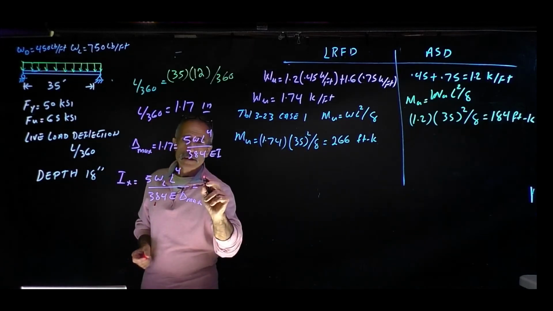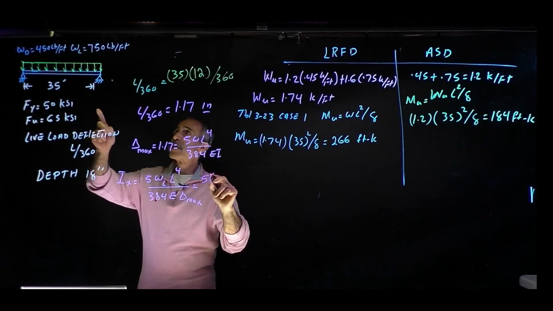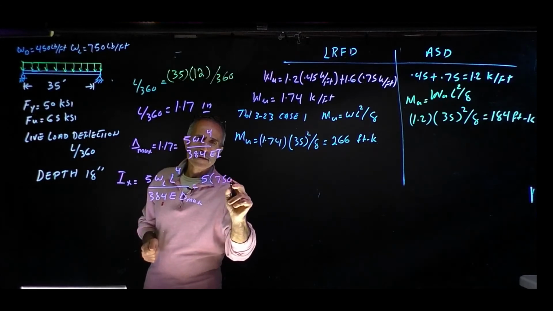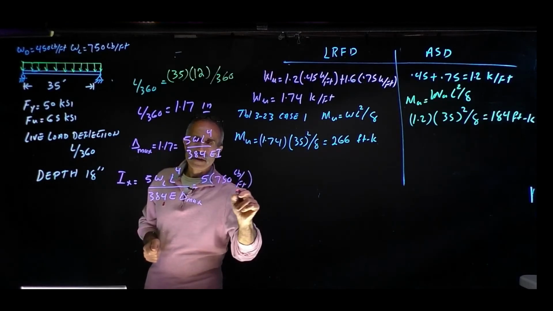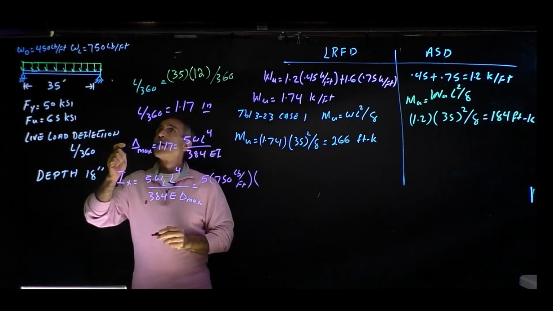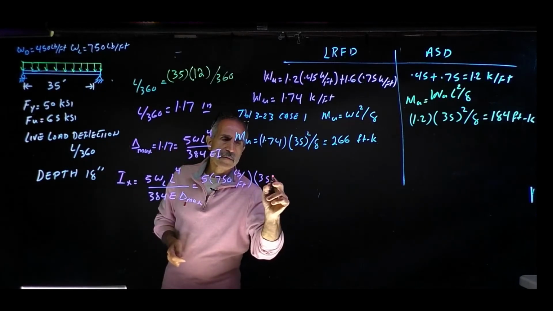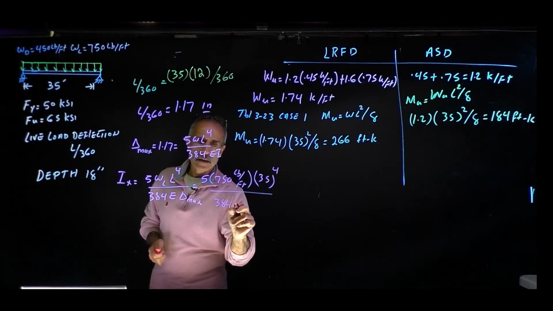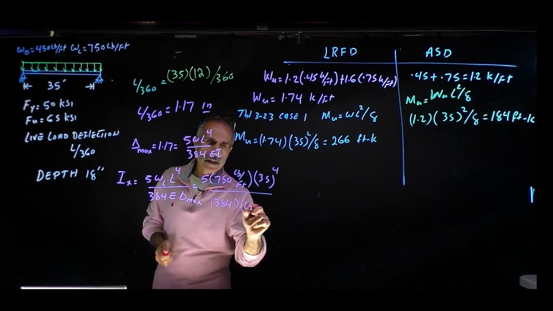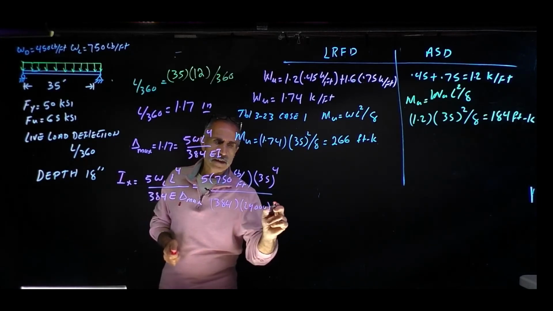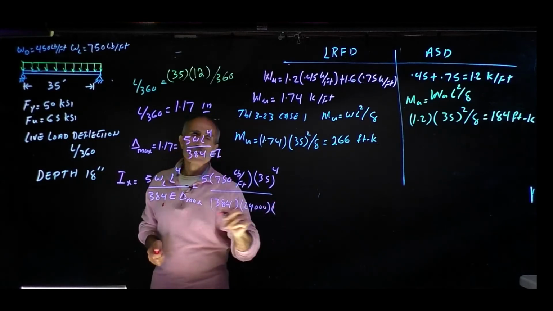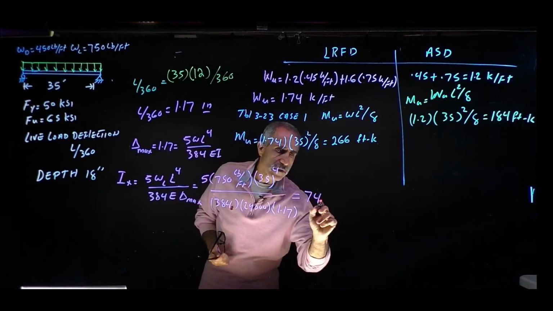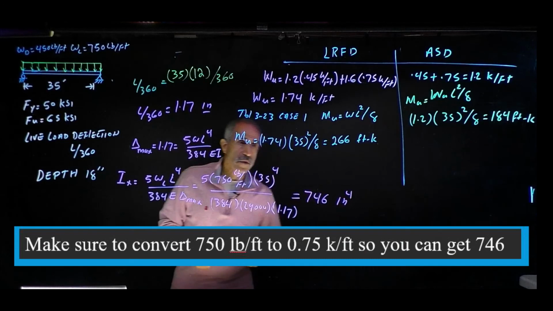From here, 5 times WL came out to 750 pound per foot, and L is 35 feet to the power 4, divided by 384, E is 29,000 ksi, and delta max came out to 1.17. So that comes out to 746 inch to the power 4.